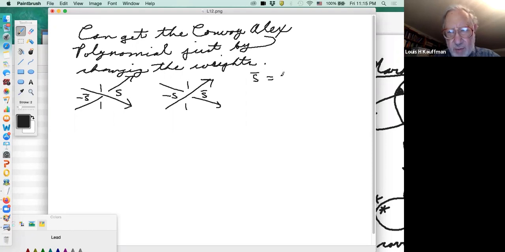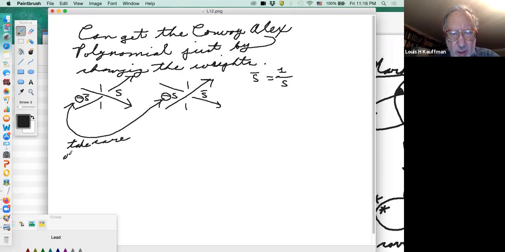S bar equals 1 over S. And these minus signs take care of minus 1 to the number of black holes.